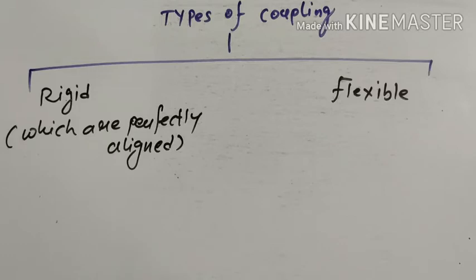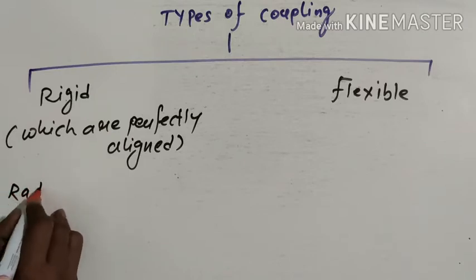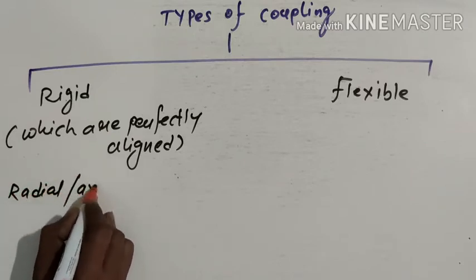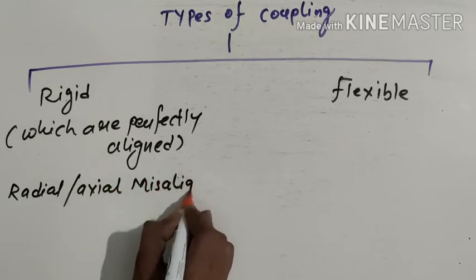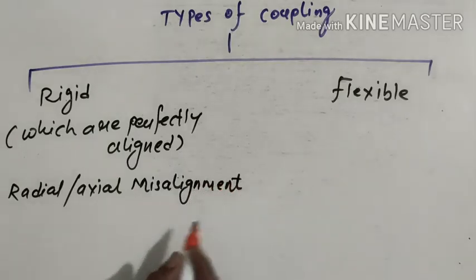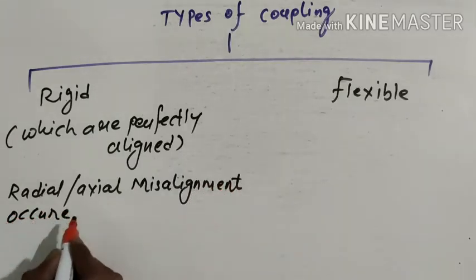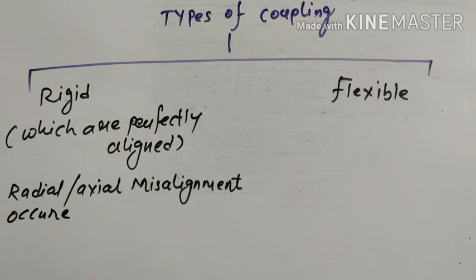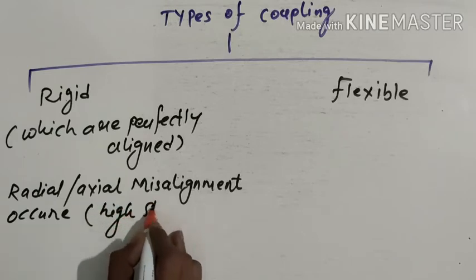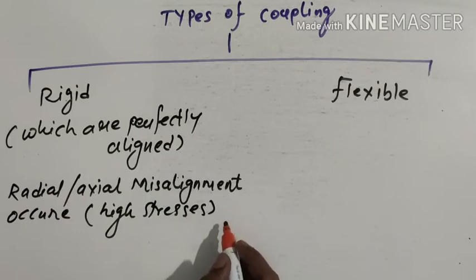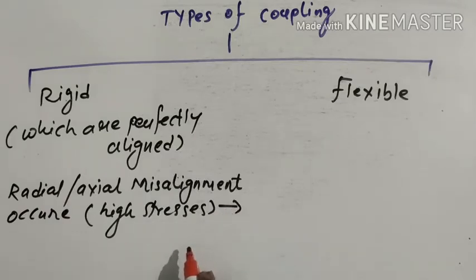And if significant radial or axial misalignment occurs, then the presence of high stresses may cause easy failure.